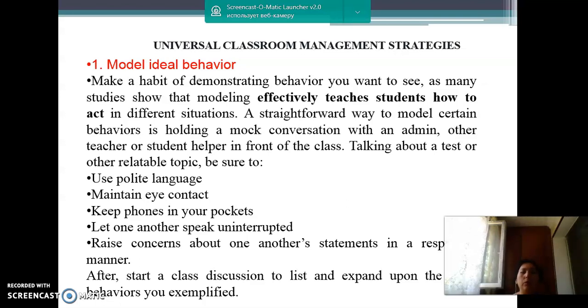Be sure to use polite language, maintain eye contact, keep phones in your pocket, let one another speak uninterrupted, and raise concerns about one another's statements in a respectful manner. After, start a class discussion to listen and expand upon the ideal behavior you exemplified.